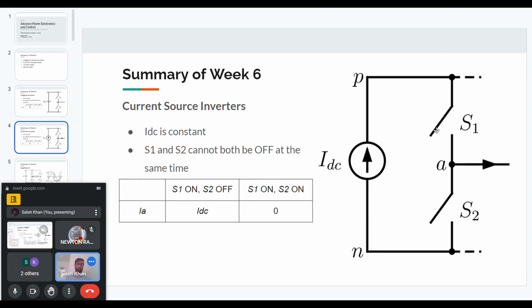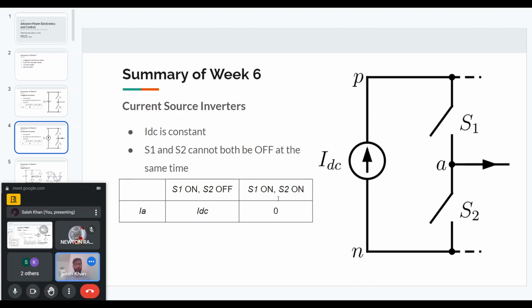If we don't allow a path, there will be damage: if it is an inductor carrying some current and suddenly we open both the switches, the current will go to 0, and because of the high di/dt, there will be voltages induced in the inductor, and those voltages will damage the components. So in a current source inverter, both switches cannot be off at the same time.